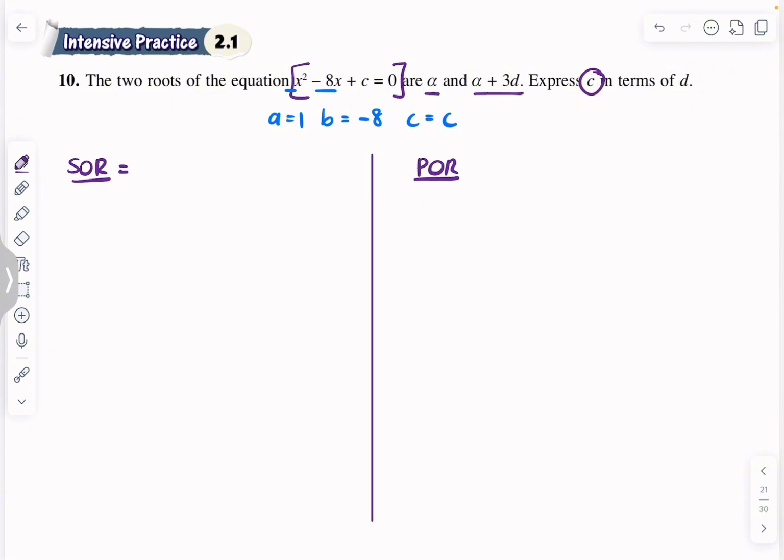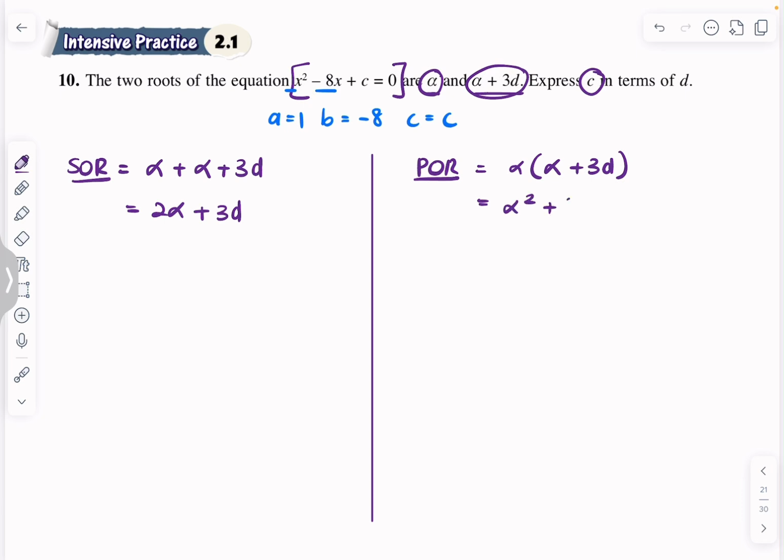Our sum of roots will be alpha plus alpha plus 3d, which is 2 alpha plus 3d. Our product of roots will be alpha times alpha plus 3d, which is alpha square plus 3 alpha d. And for the sum of roots, the formula is negative b over a.